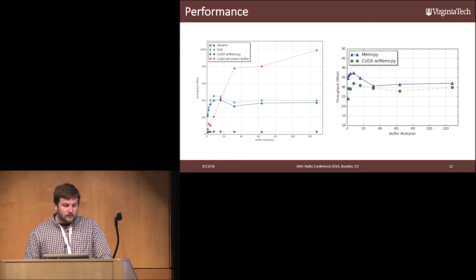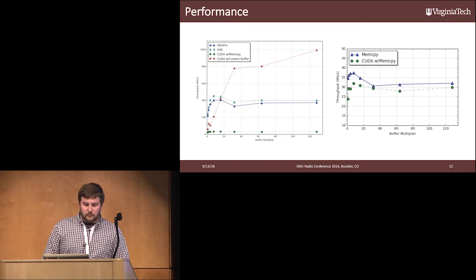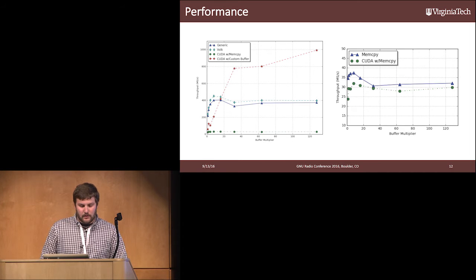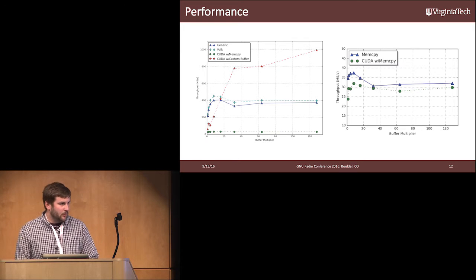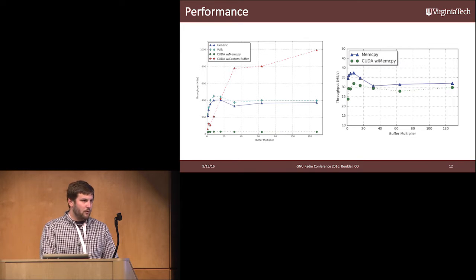And the custom buffer version would be the red line. Its performance is pretty interesting because at the very beginning, it actually performs poorly in comparison to the rest of the implementations, specifically the generic one and the Volk one. And this has to do with, I talked about it before, the overhead from the kernel launches.